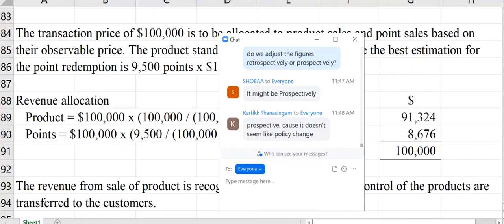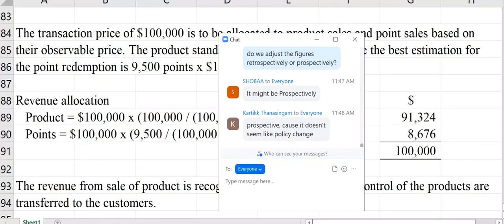They're still maintaining probably the same policy, but they are changing their estimation. Things that can never be foreseen accurately in advance, and they're changing that. And this doesn't seem to be a correction of error because no one can say 9,500 is an error. Now, if you say 9,500 is an error, then what is the correct one? No one can tell.